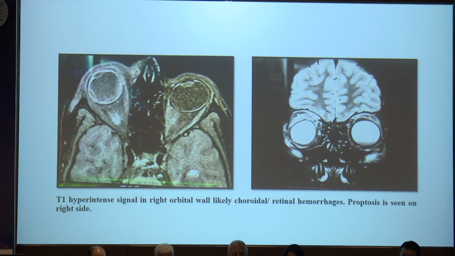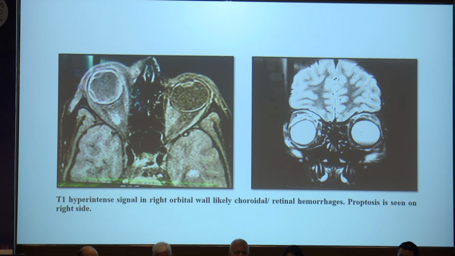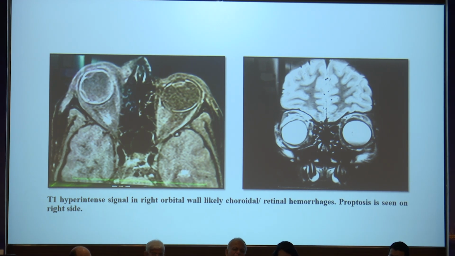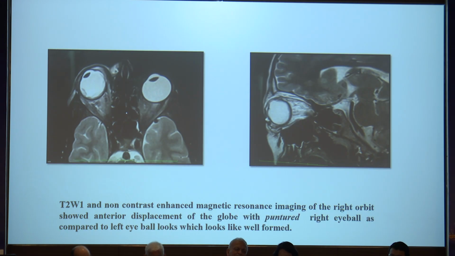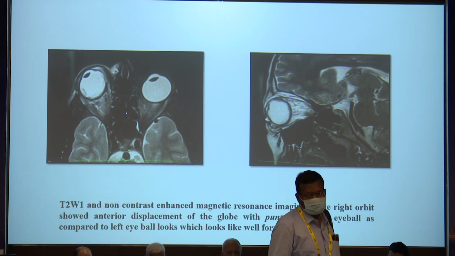This picture shows the proptosis in the right eye, and we can see hyperintense and various echoes in the right eye showing hemorrhages, retinal hemorrhages and choroidal hemorrhages. This MRI shows the right eye with anterior displacement of the globe and a punctured right eyeball as compared to the left eyeball, which looks well formed, while the right eye looks punctured, with hyperintense and hypoechoic echoes.